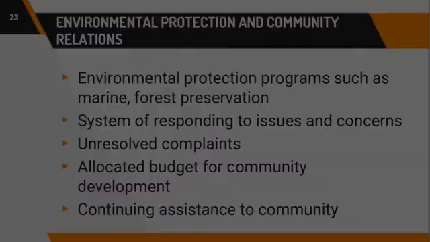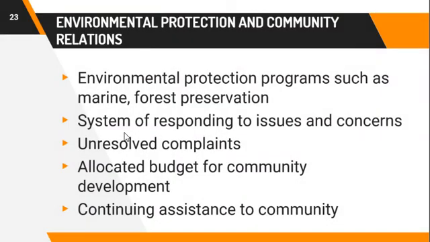Still under environmental protection and community relations, we have environmental protection programs such as marine forest preservation. That's why some companies go for tree planting activities, but we are lucky in our city. We don't have sea nearby, so we cannot go for marine preservation activities, only forest preservation. Then we also have the system of responding to issues and concerns, unresolved complaints, allocated budget for community development.